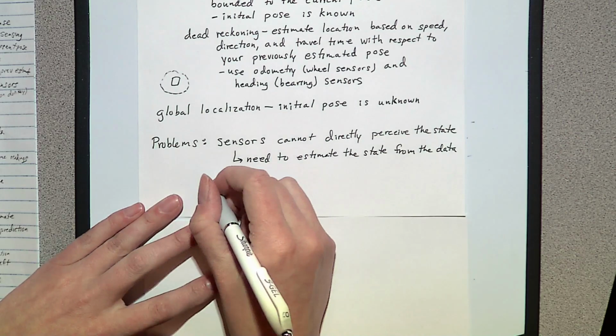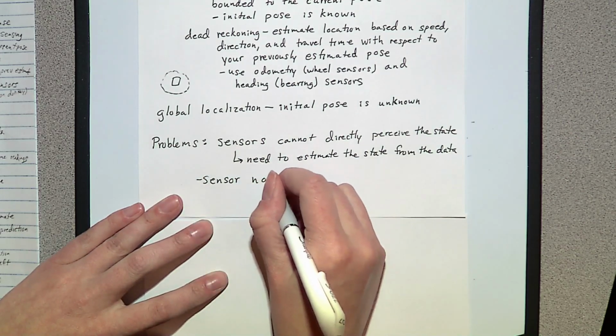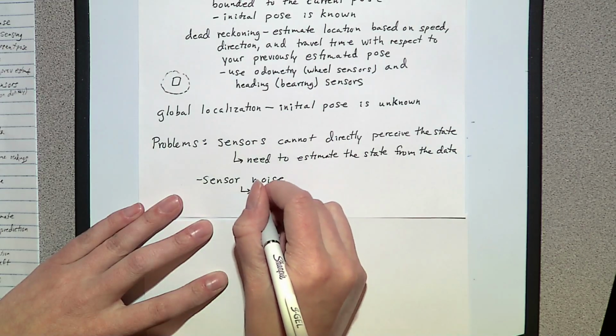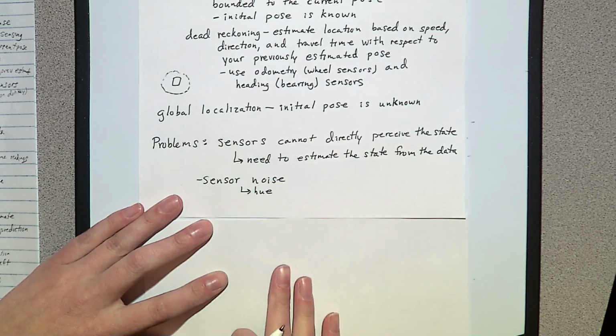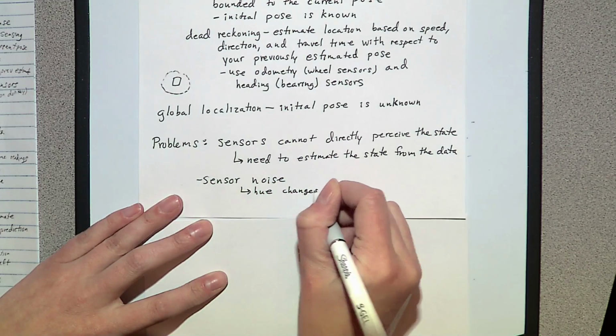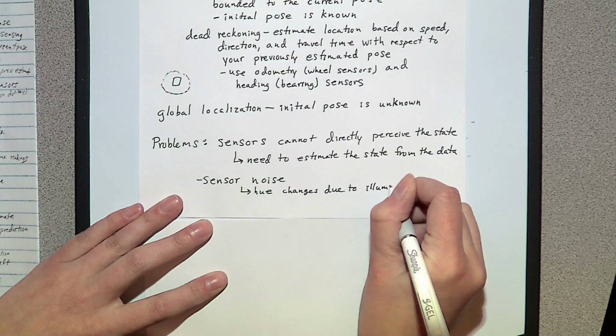Another problem, which we've mentioned before, is sensor noise. So if we think about things like if we're doing some kind of color detection, you have hue changes due to changes in illumination.